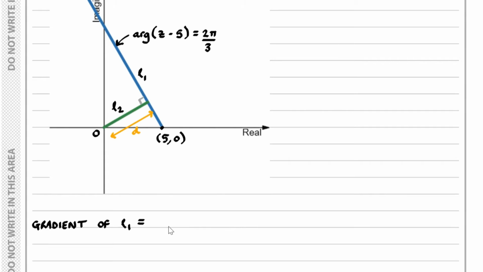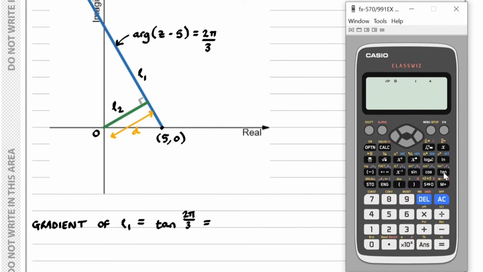And the gradient of L1 is equal to the tangent of 2 pi over 3. So if we work out what this is, the tangent of 2 pi over 3, that's negative root 3. So the gradient of L1 is negative root 3.